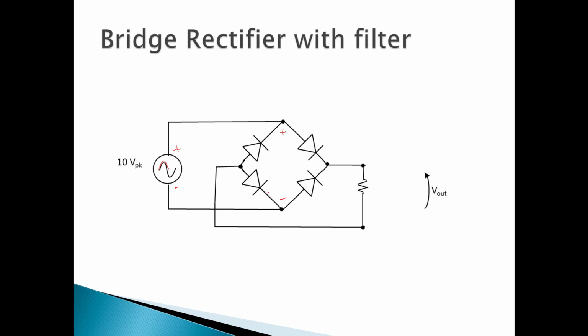So let's just look at each of the diodes. If I have a positive here, and this point is always going to be more positive than any other point in the circuit because it's directly attached to the source, that means this diode is on. The positive attached to the cathode is totally backwards, so that diode is off.